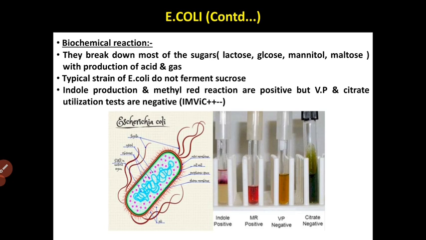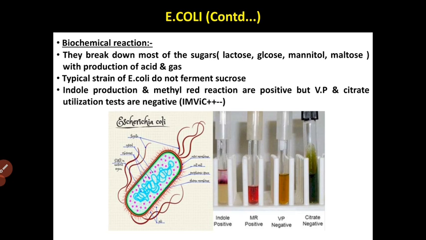Next, now this IMViC test. What is IMViC test? It is a group of individual tests used in microbiology to identify an organism in the coliform group. Understood? Now we are studying what? E. coli. It's a coliform. Fine. IMViC stands for I, indole test, M, methyl red test, V, Voges-Proskauer test, C is for citrate test.